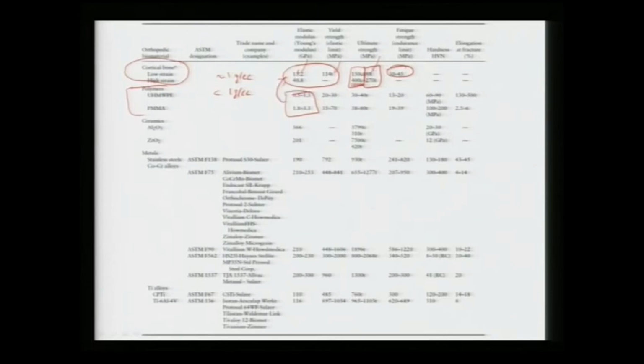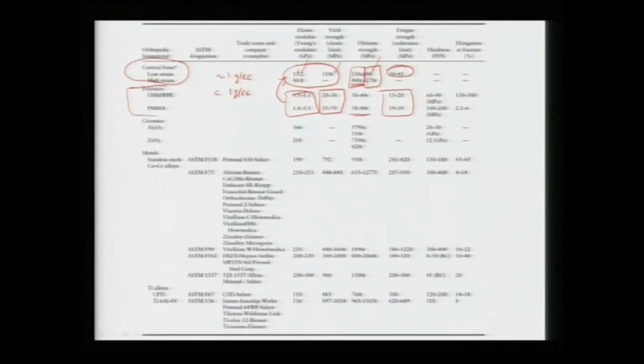So we need to somehow utilize these polymers for some joint applications, but we need to reinforce them with either metals or ceramics to improve their elastic modulus. Their yield strength is also very poor, compressive ultimate strength is also very poor, but fatigue strength is approximately similar to that of cortical bone.